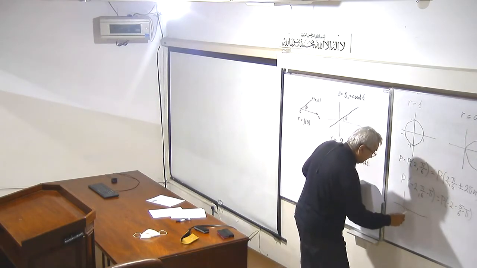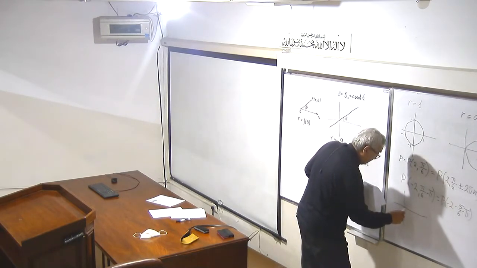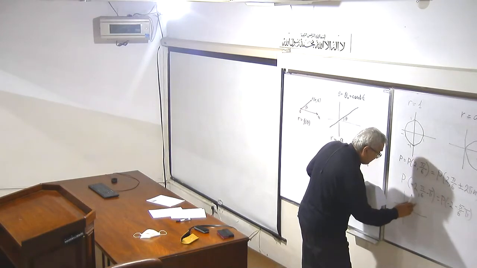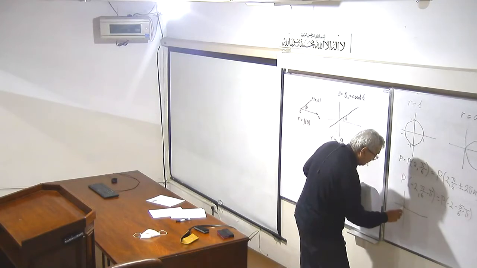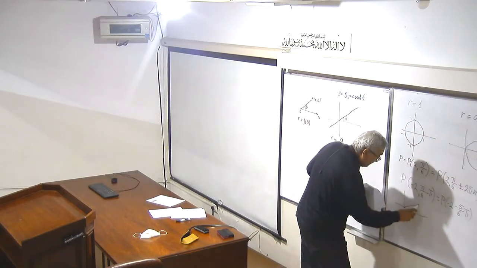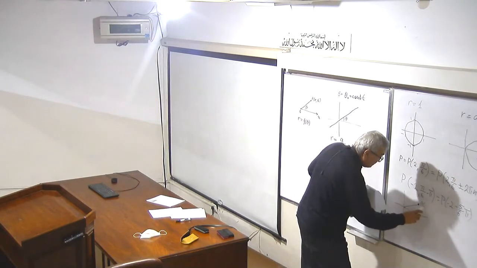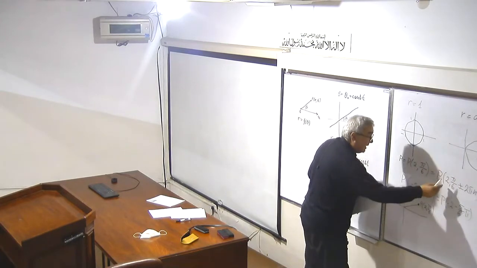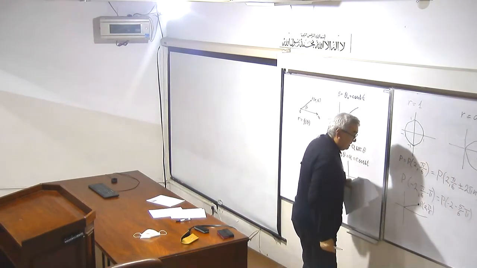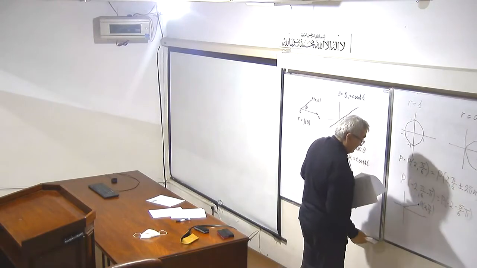If you take the distance here as 2, and pi by 6 is 30 degrees, that means this point, P equal to 2, pi by 6, or it is possible to define it by other quantities.